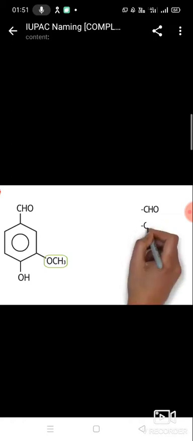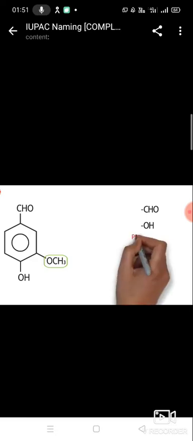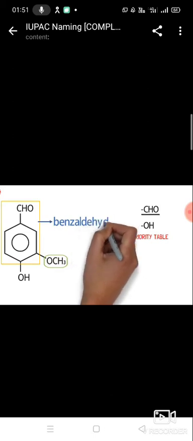Look at this example. Here aldehyde, alcohol and methoxy are present: CHO, OH and OCH3. So what priority should be given? We have to give priority to the carbonyl functional group, so that is benzaldehyde. What is present in the benzaldehyde?